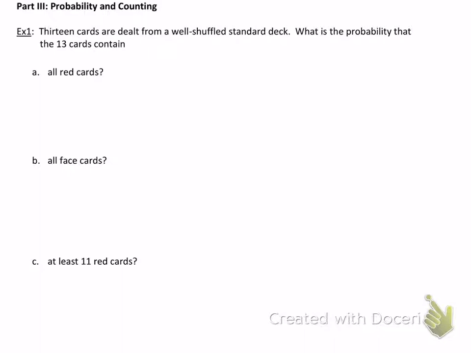We're going to start by saying this represents the number of all combinations of 13 red cards. So this is our part, the specific we're looking for.